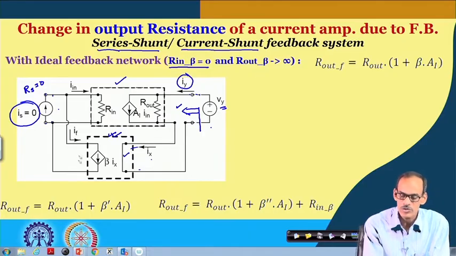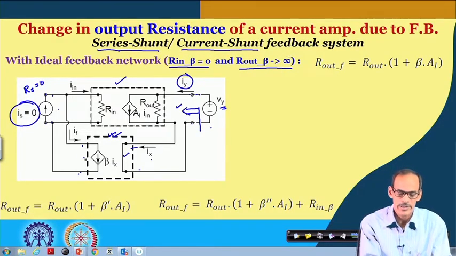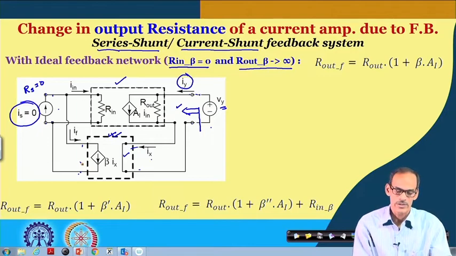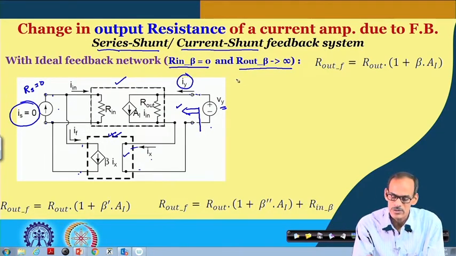And the output conductance is 0, which means the output resistance of the feedback network is infinite. So, with this condition we need to find the expression of V y by I y.